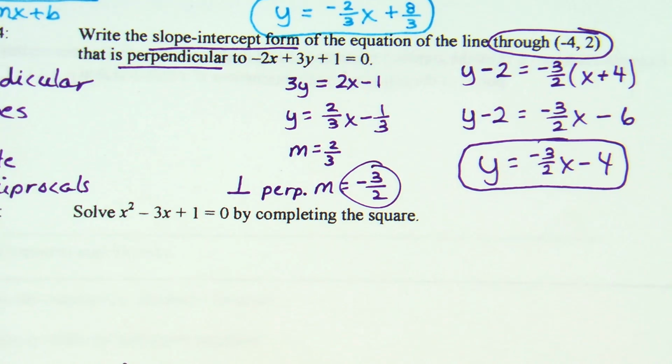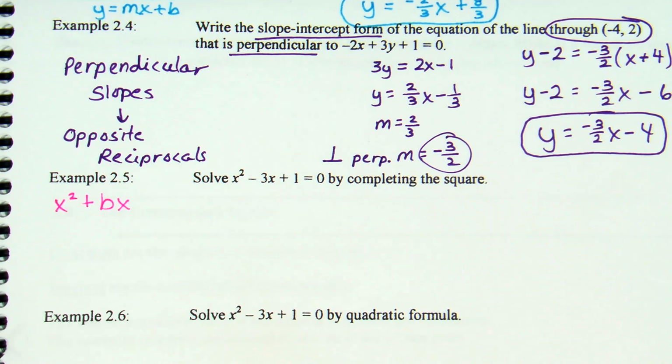In order to complete the square, I don't know how much you guys remember, if anything. When we go to complete the square, you always want to get x squared plus bx. And specifically, what has to be in front of x squared? A 1. You always want to get 1x squared plus bx.